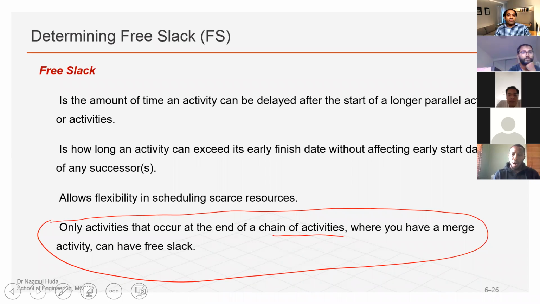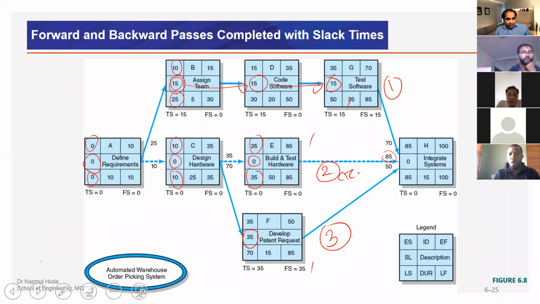I repeat again, free slack is only at the end of a chain activity, right? So if we have 15 days of total slack on chain 1, then we have no slack on the critical chain and 35 days of slack on chain 3, right?